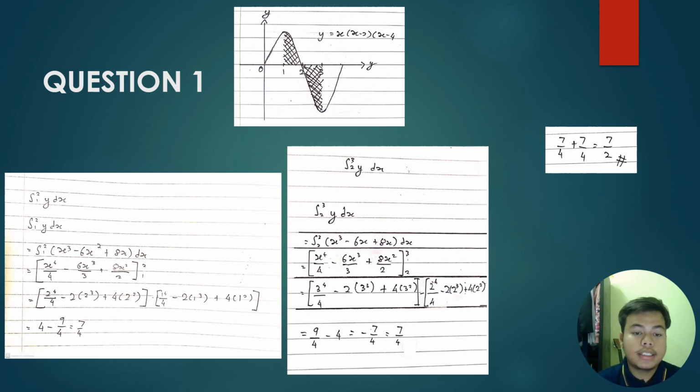We do the same as in the first shaded region. We put the limits 2 to 3 at the end of the bracket. Then we move to the next step.